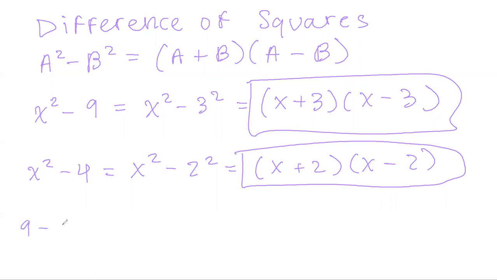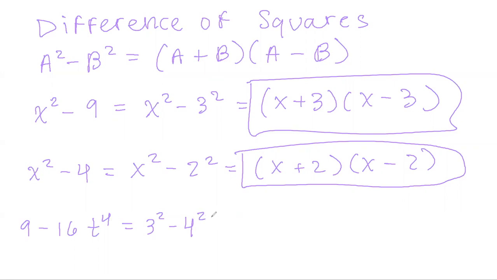And then let's try 9 minus 16t to the fourth, kind of just jumping straight into it. But it's the same idea. I'm writing this as squares. So 9 is the same thing as saying 3 squared, minus, okay, let me just write it piece by piece. 16 is the same thing as 4 squared.